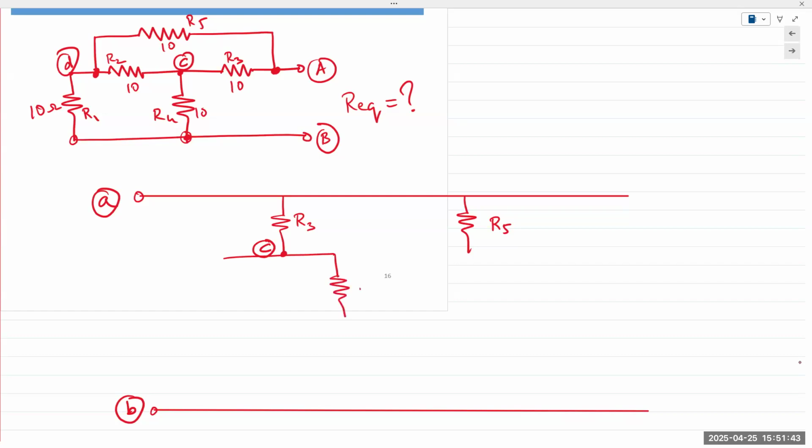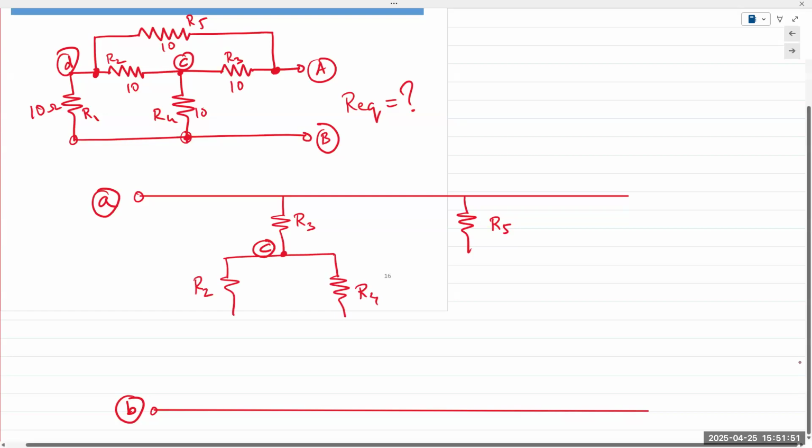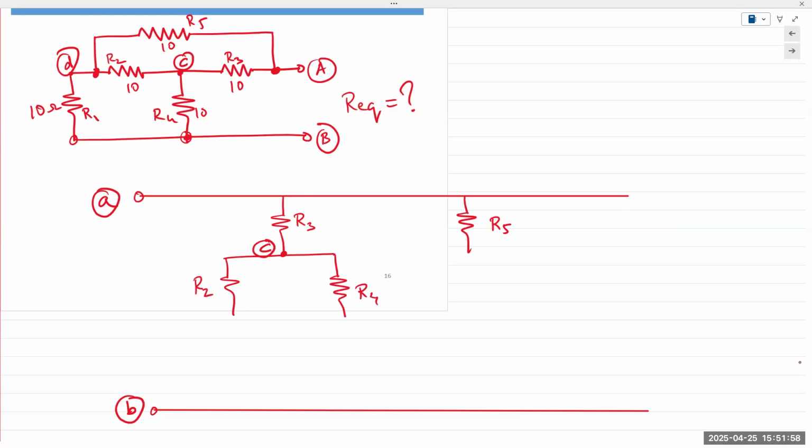So let's say we have R4, right? And then let's do R2. All right. Where is R4 going? Where is R4 connected? The other end of R4. B. Absolutely. So just draw a straight line down there. That's it. So we are done with R4.